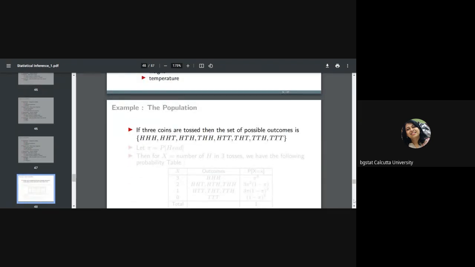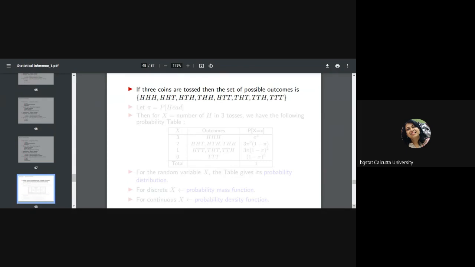So here is an example to motivate the introduction to probability. Suppose we are tossing three coins. I said that the starting point needs to be an experiment. My experiment is that I am tossing three coins. So what are the possible outcomes?